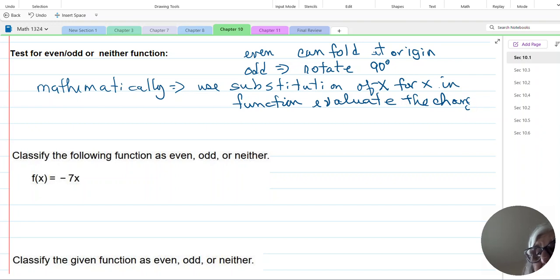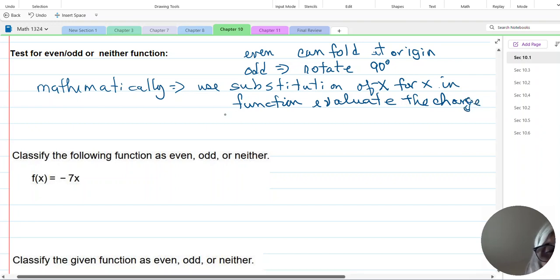Sorry about that. And there are 3 conditions. One is if I substitute a negative x and get the original function, then it is even.